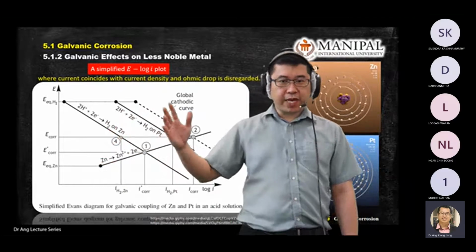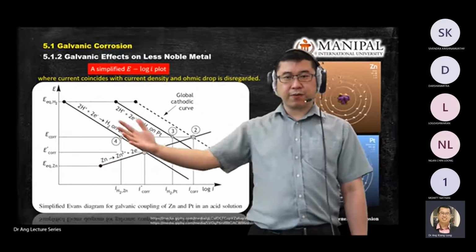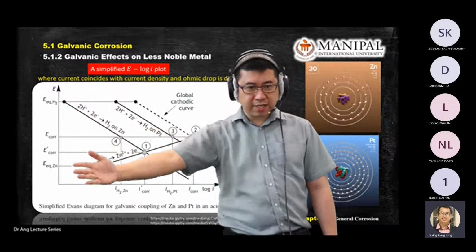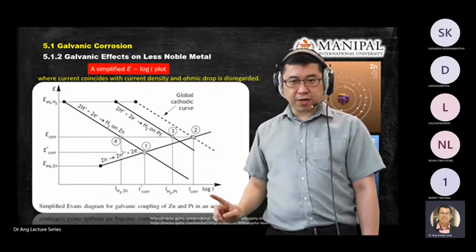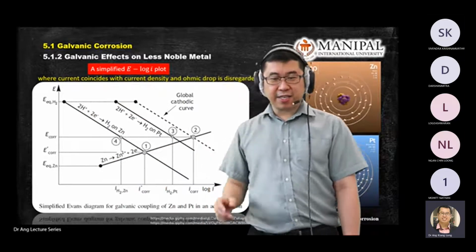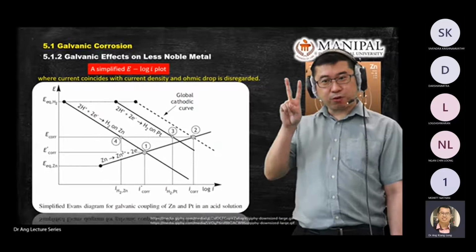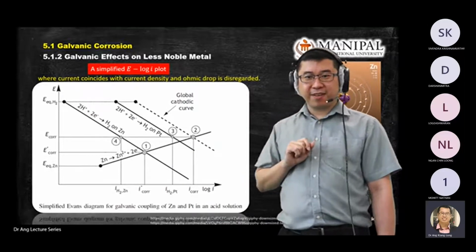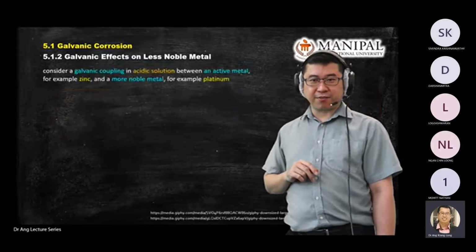So we are looking at two types of metal here, platinum and zinc. If you study the axes here, you have potential E and log I, not current, sorry. Just now in the equation, small i represents what? You need to be careful. You have two small i in the equation.